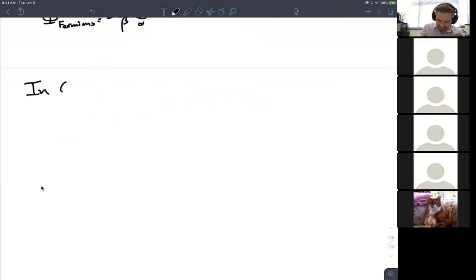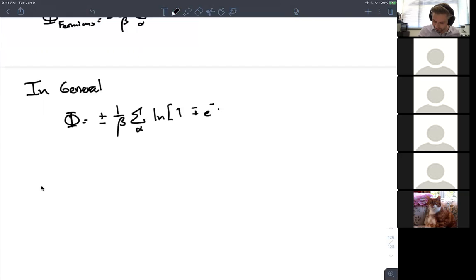So in general, we can say that phi is equal to plus or minus 1 over beta sum over alpha of log of 1 minus or plus e to the minus beta (epsilon alpha minus mu), where the upper signs are for bosons and the lower signs are for fermions.